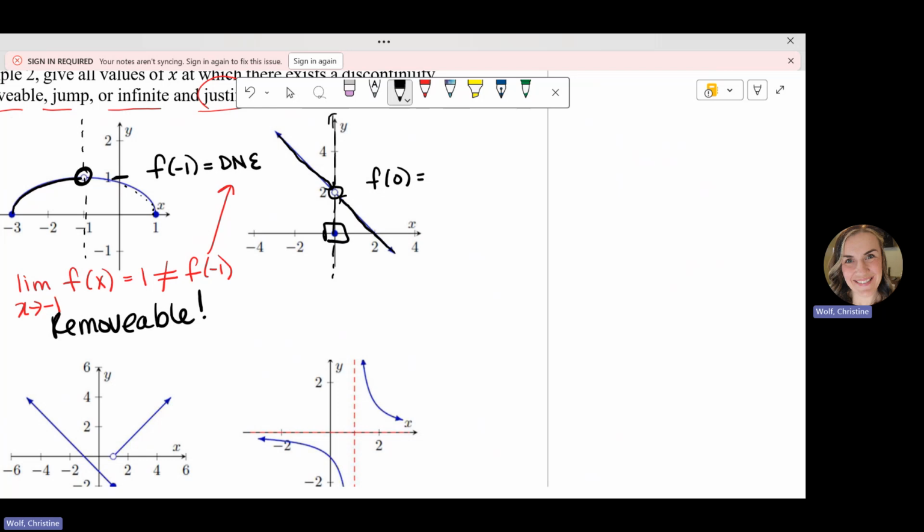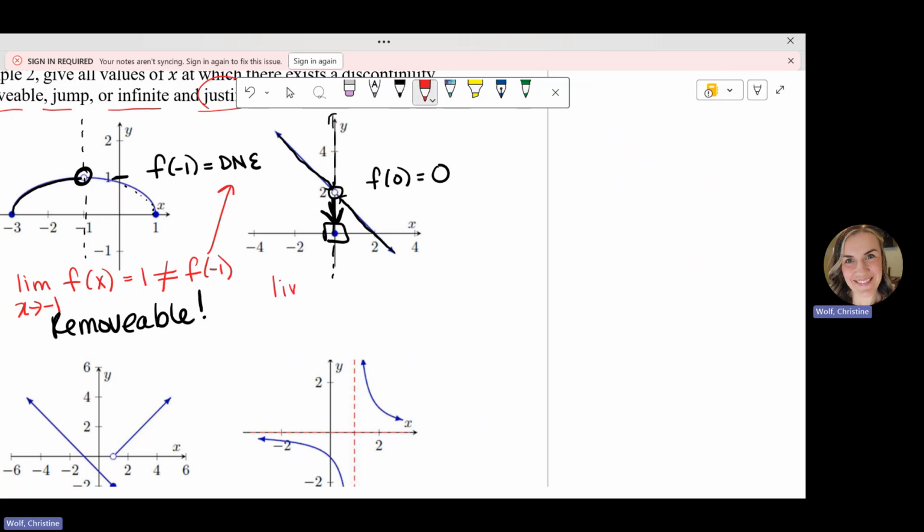We have that solid dot. So f of 0 does exist. We just have to look down and we see it existing at y equals 0. So here's the thing. The limit exists and this exists. They're just not equal to each other. Again, that is the definition of removable. So I'm going to write that down.